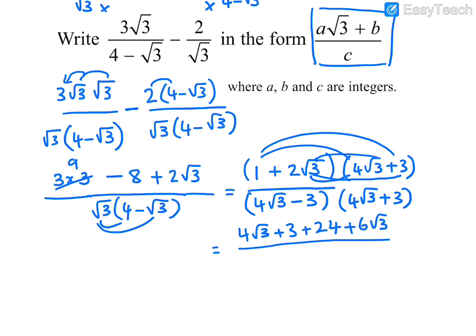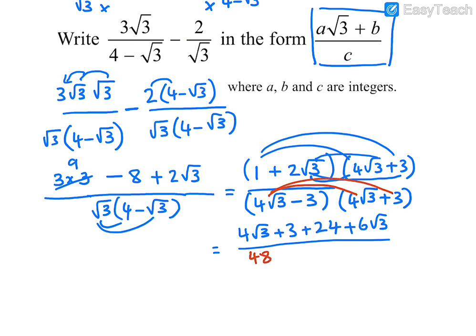And the denominator is going to be, let's try that in a different color. So 4 root 3 times by 4 root 3. Well, 4 times 4 is 16. And then root 3 times root 3 is just 3. So 16 times by 3 is 48.